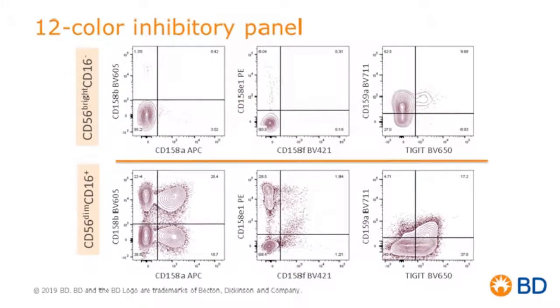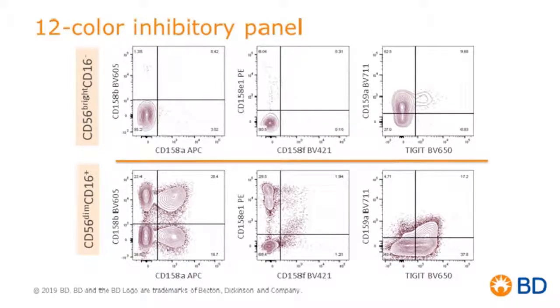If we look now at the other tube where we have the 12-color inhibitory panel, we can also appreciate resolution and specificity. For example, if we look at the KIRs, the inhibitory receptors CD158A and CD158B, in agreement with the biology and with what we know about the maturation of NK cells, these receptors are not expressed in the early NK cells, but they're clearly expressed in the CD56 dim population.